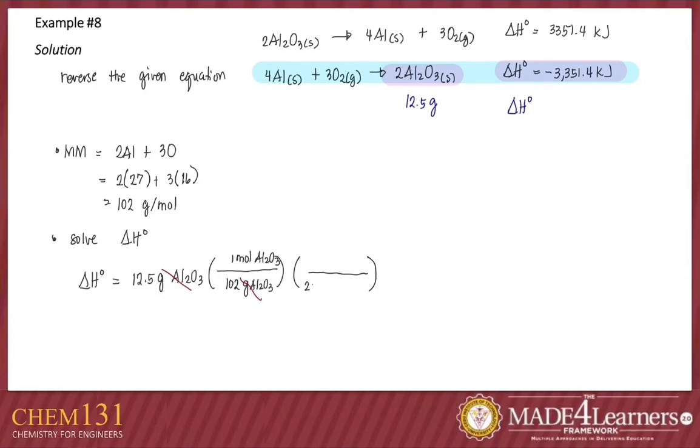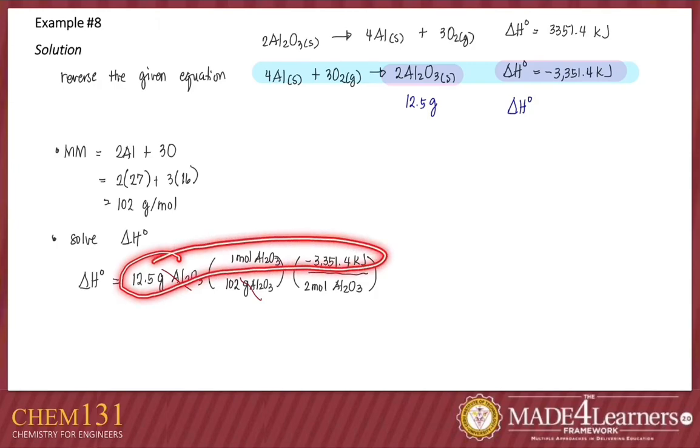So we have 1 here, so 2 moles Al2O3 negative 3,351.4 kilojoules. And again, when you compute, you multiply and divide.